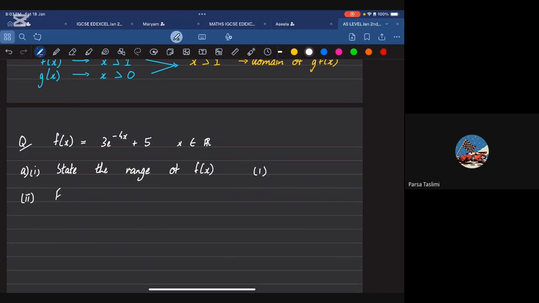Then part 2 says find f inverse and state its domain. And this part is 4 marks. I know you guys haven't done exponents yet, but I'll try to explain.